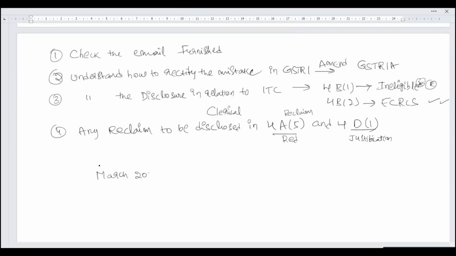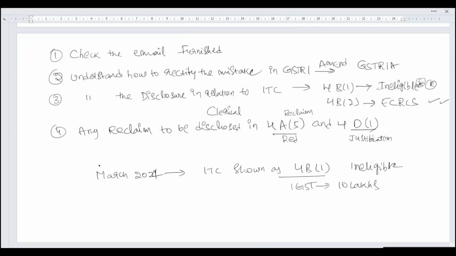March 2024, I've shown ITC under 4B1 as ineligible, roughly to the extent of IGST around 10 lakh. This is a big amount.